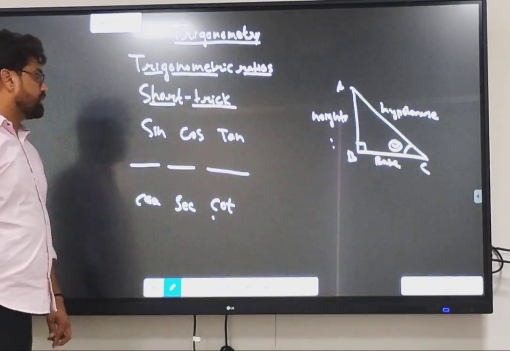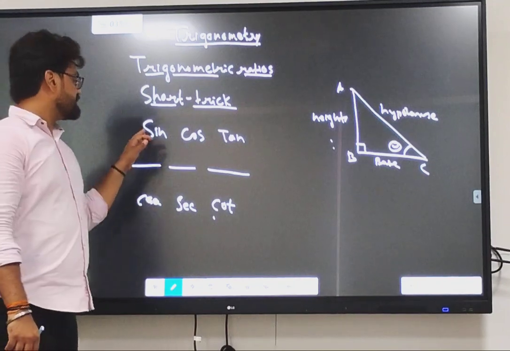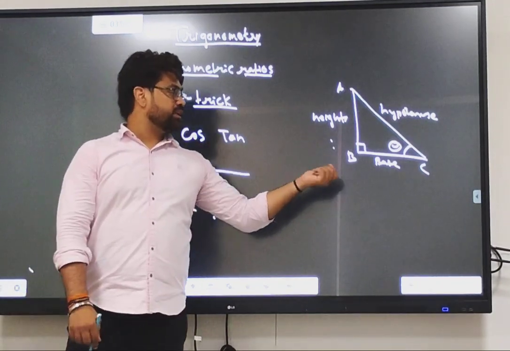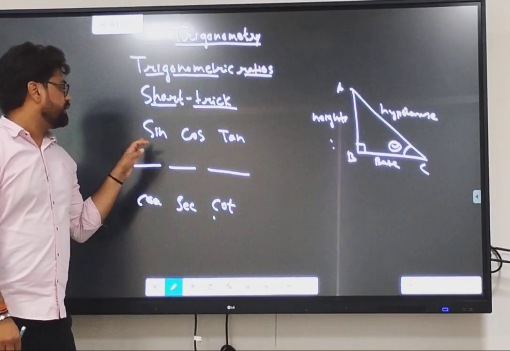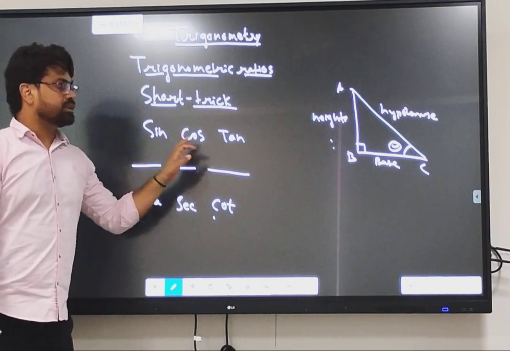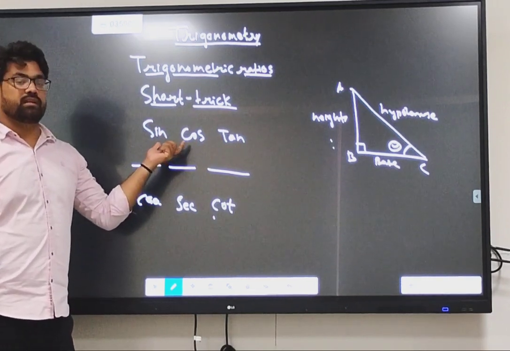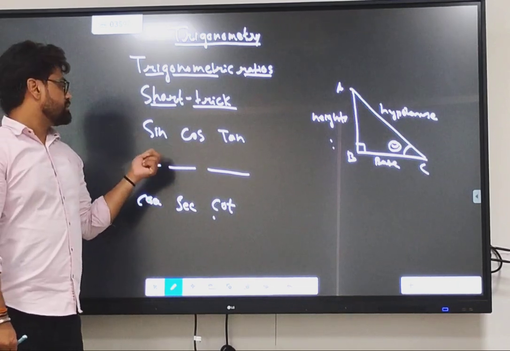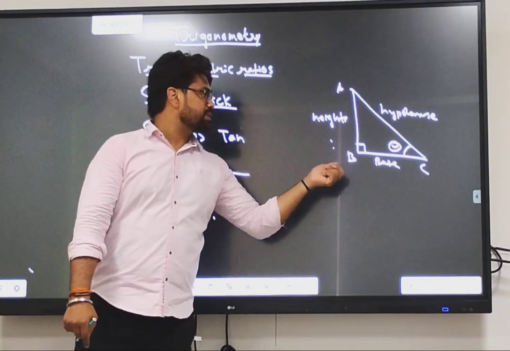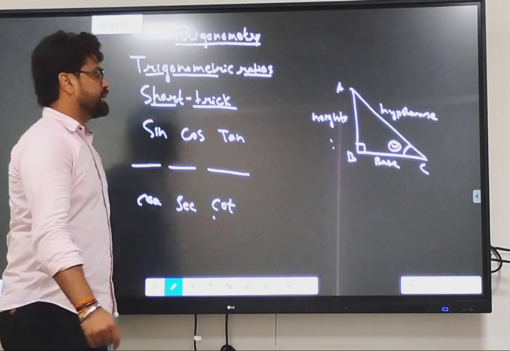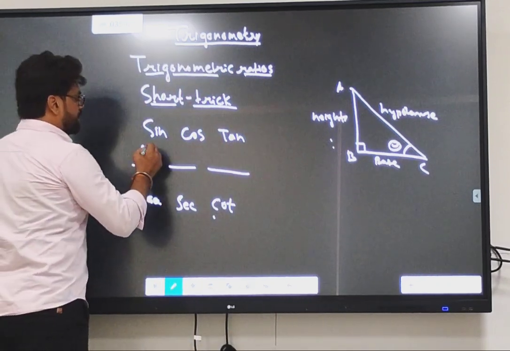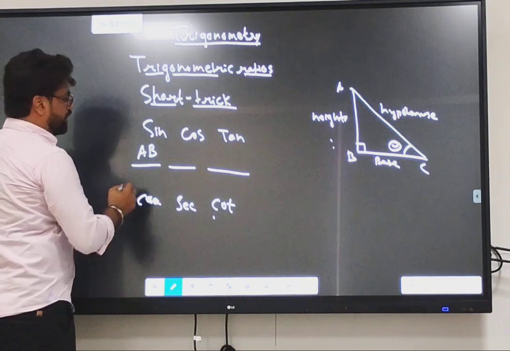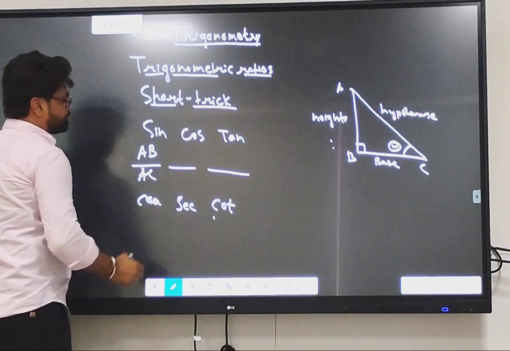Now for sine. We have to remember only sine and cos. If these 2 ratios are learned, then all the 6 ratios can be automatically remembered. See, sine is height upon hypotenuse, so that will be AB upon AC.